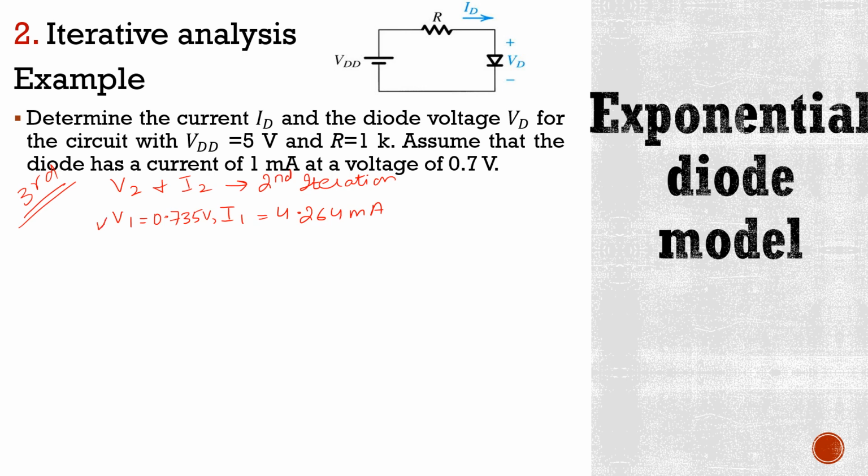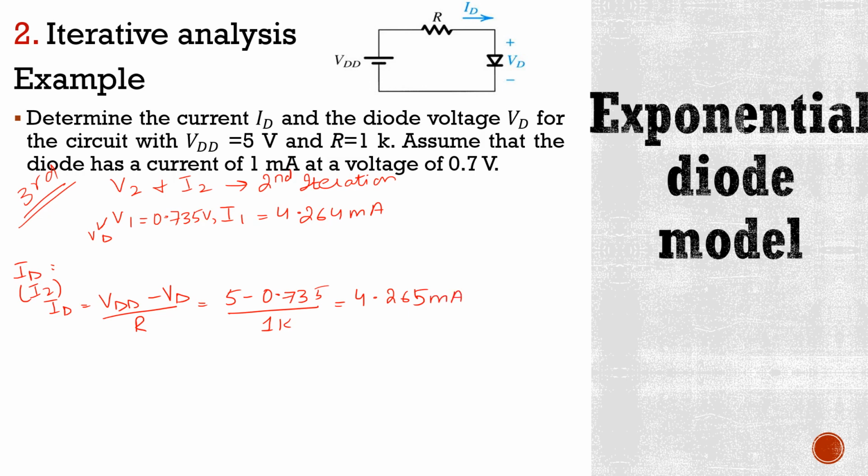This V1 is also VD. So first we will find ID, which is also known as I2, by using KVL. So ID is equal to VDD minus VD divided by R, that is 5 minus 0.735 divided by 1 kilo is equal to 4.265 milliamperes.